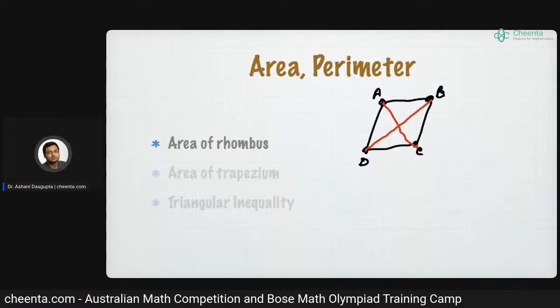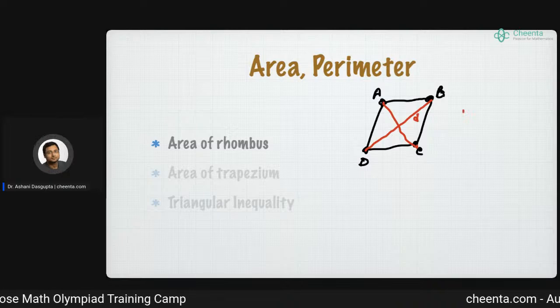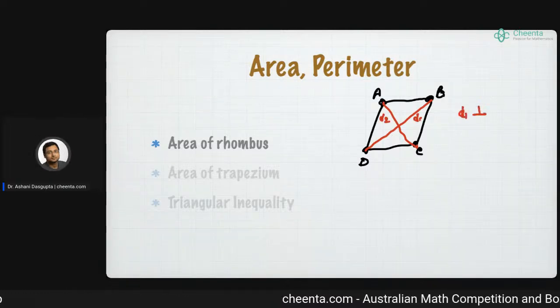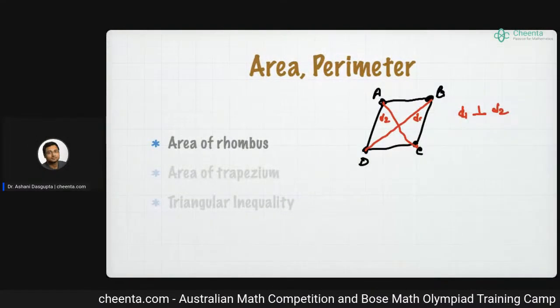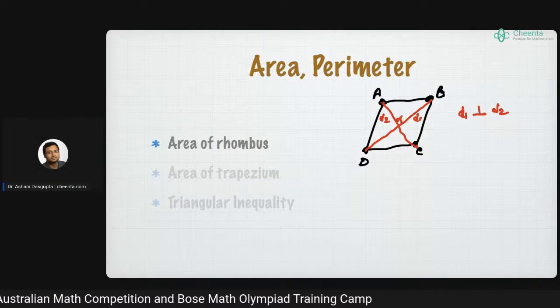One of the properties of the diagonals of a rhombus is that if D1 is one diagonal and D2 is another diagonal, then D1 is perpendicular to D2. So how do you show that? Well, that is something that you will have to try.